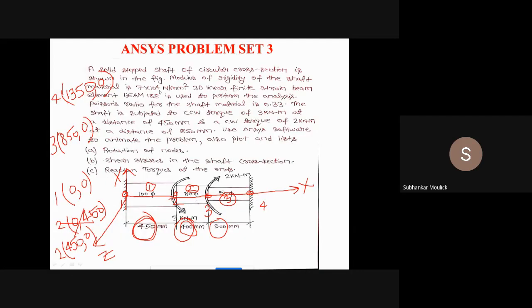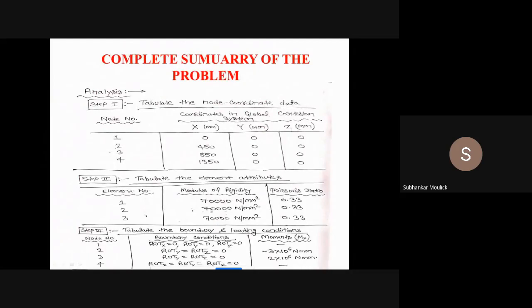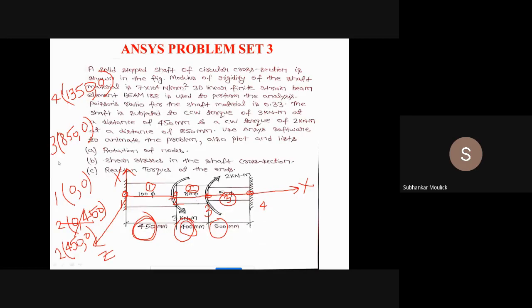That is 7 into 10 to the power 4 Newton per millimeter square, that means 70,000 Newton per millimeter square, and Poisson's ratio value is 0.33. I have tabulated that.